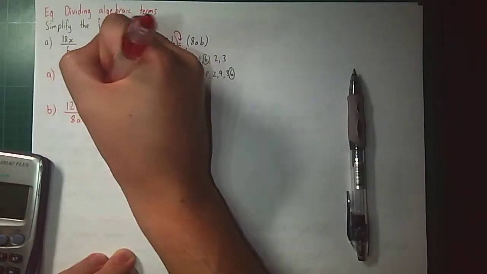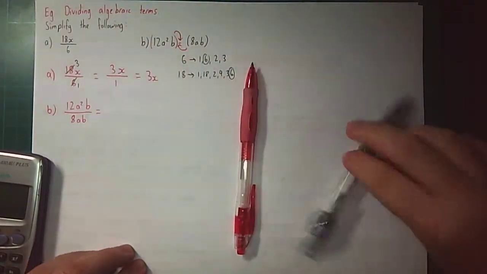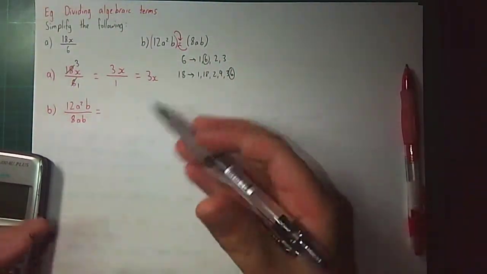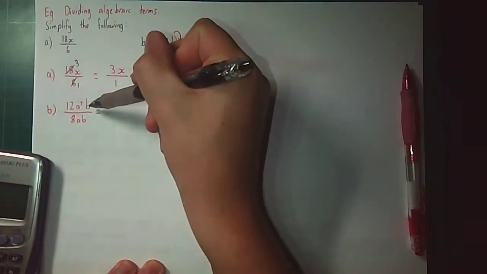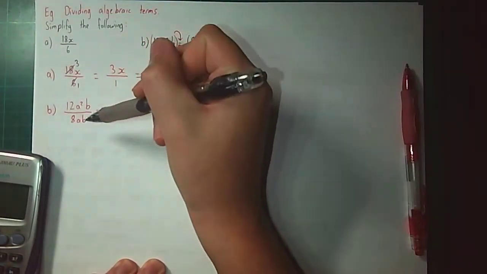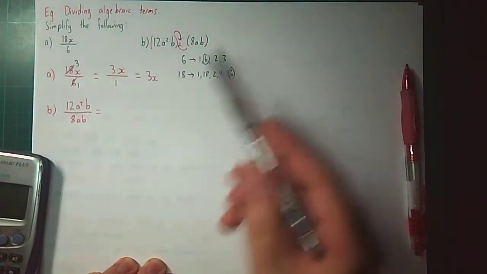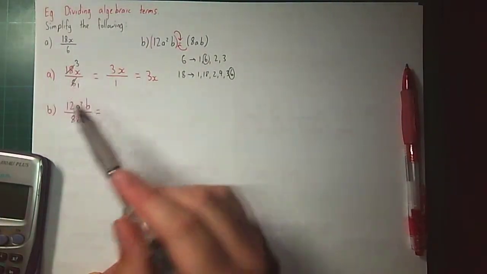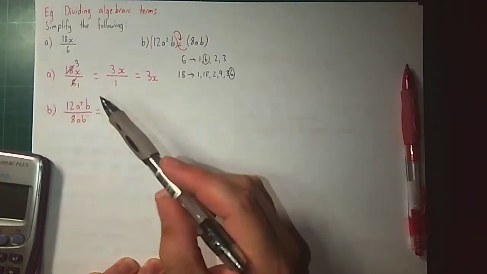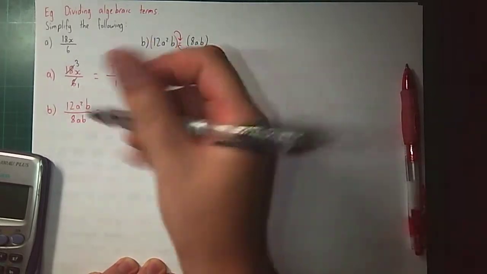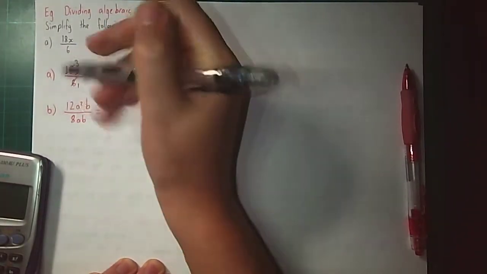Now, we're going to deal with the letters first. We first look at what letters are in common. So we've got a's on the top, a's on the bottom, and b's on the top, b's on the bottom. If we go back to that last example, you remember that we had m squared is the same as 2 m's being multiplied together. So this is 2 a's being multiplied. That means we've got 2 a's on the top and 1 a on the bottom.